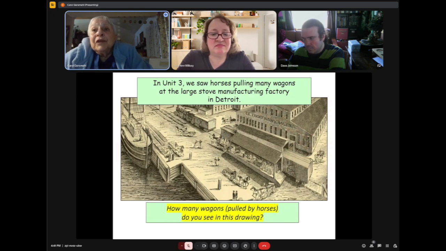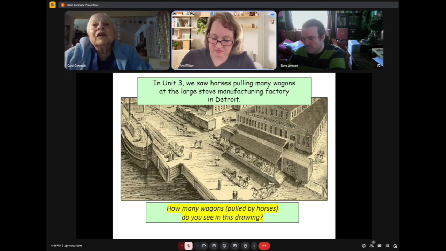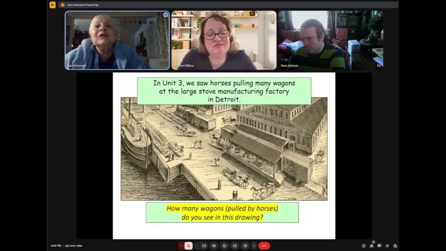Back in Unit 3, when we had these huge manufacturing companies making stoves, for example, here they're making iron stoves. But what do you see in the picture doing all of the hauling, all the moving around?